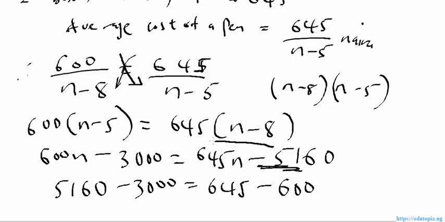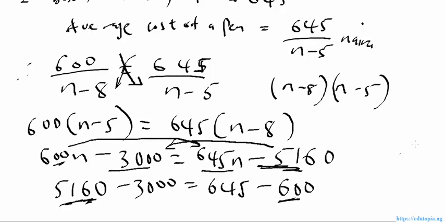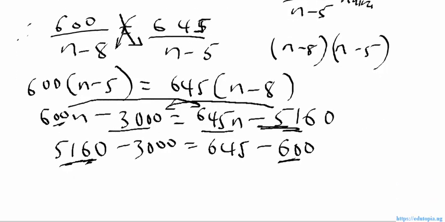When it crosses over to this side, it becomes plus, which is what we see here, plus 5160 minus 3000 is equal to 645N minus 600N. This 600N here, when it crosses over to this side, it becomes negative 600N, which is what you see there. So now let's continue.